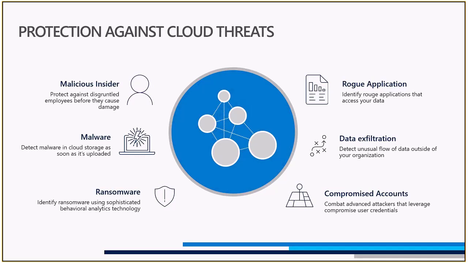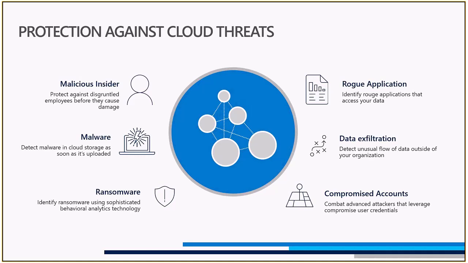We can also detect malware in any cloud storage application that you're connected to as soon as it's been uploaded and just alert you. We can also identify when a ransomware has been accessing your data. Let's imagine you have a user's PC that has been compromised, and that PC is synchronizing all the user files to OneDrive. We can easily detect those specific actions based on the behavior analytics technology that we have.